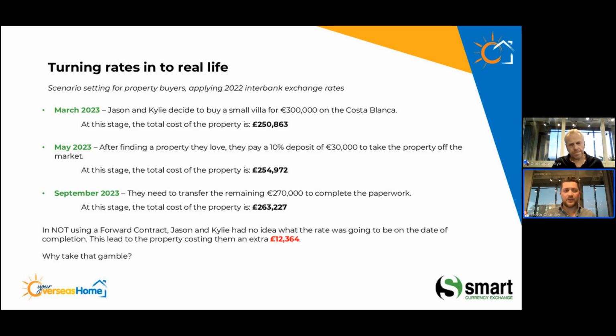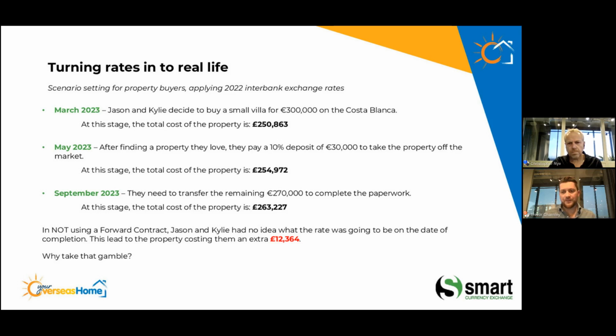£263,000. So you can see how, through that 6-month buying journey that you may go through yourself, there is a difference between £250,000, which was the original price that they were budgeting, and the end price, which was £263,000. That's why it's so important to understand how currency rates move and how that could impact you.